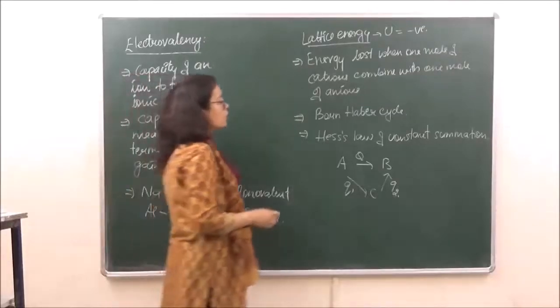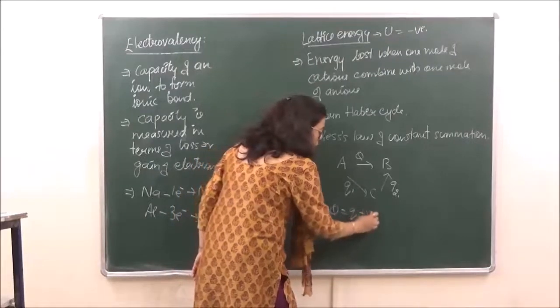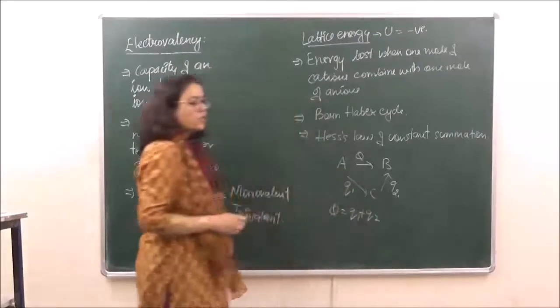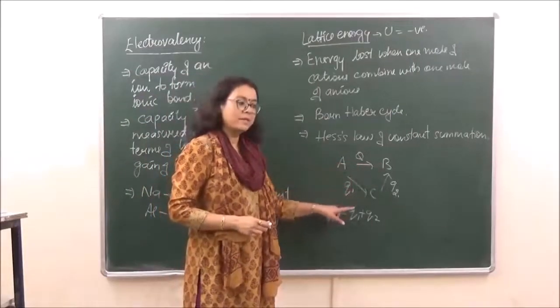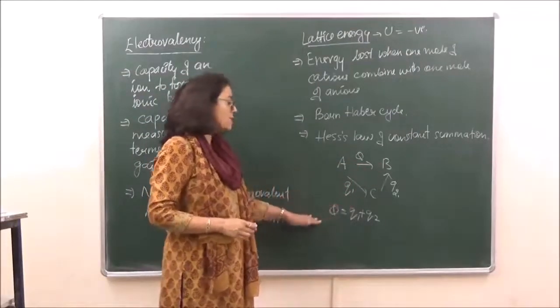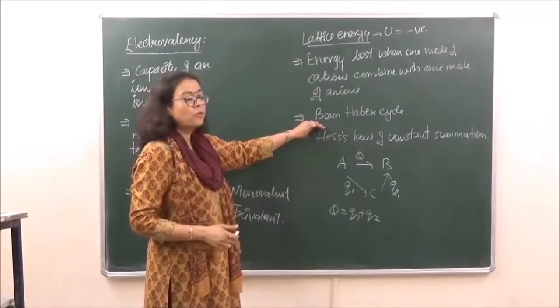According to this law, Hess law of constant summation, Q is the sum total of both the energies in which we are going to the main product through an intermediate. ठीक है?